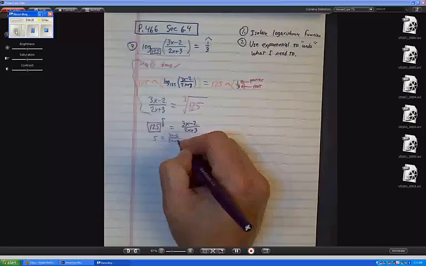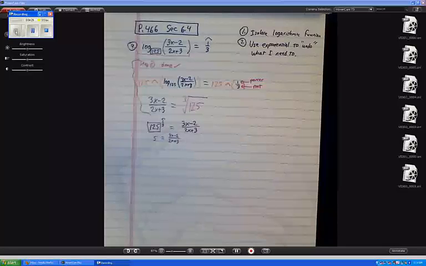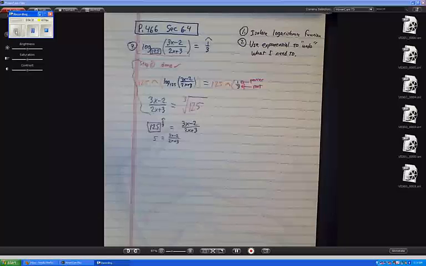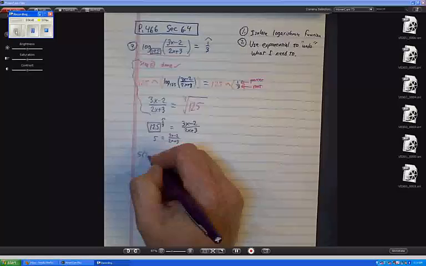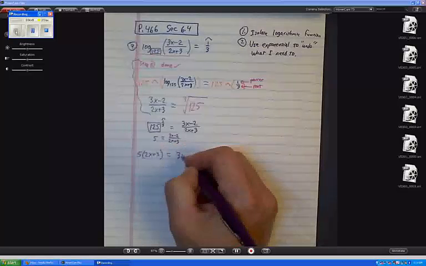And now I guess it just comes down to, do you know how to solve this kind of equation with a rational function? We've done this before. You want to get rid of the fraction, right? So I would multiply both sides by what? 2x plus 3. On the right-hand side, then, it'll cancel.